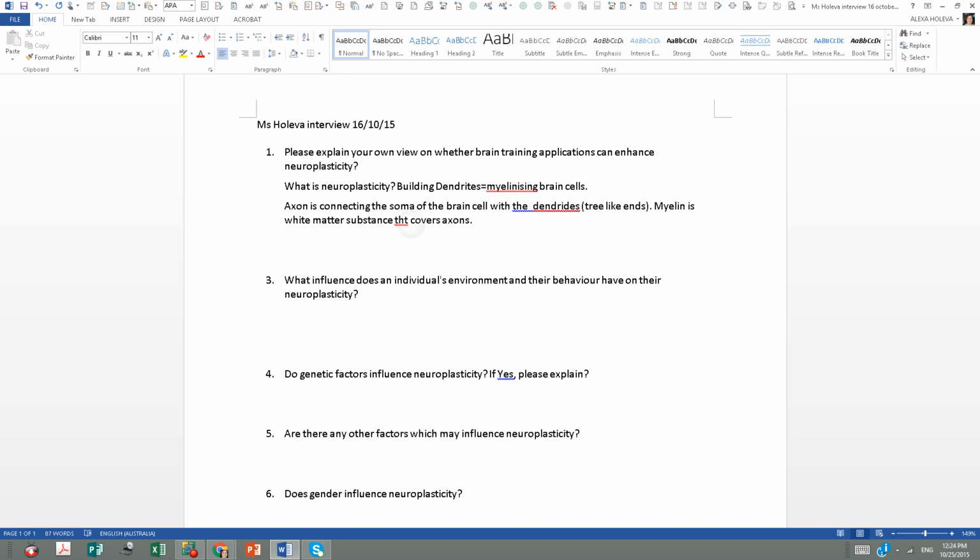So, myelinization means that every time the same connection is happening, every time the brain is using the same connection, the myelin becomes thicker and thicker and thicker, and that means that the memory becomes stronger and stronger and stronger.